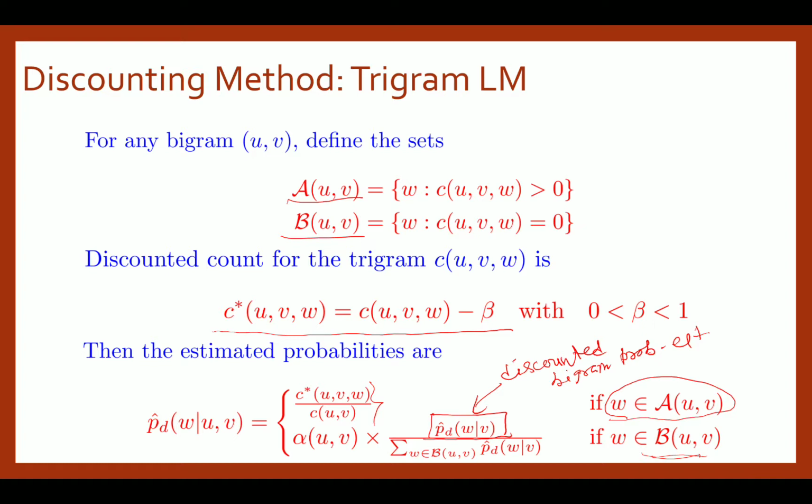You consider a few possible beta values and see which beta value gives you the maximum likelihood. The value of beta which gives the maximum likelihood is the one we are going to consider. So that's the simple way to obtain beta for this absolute discounting method.